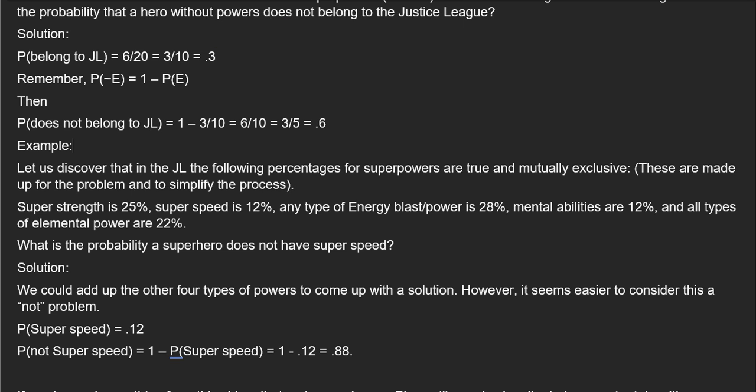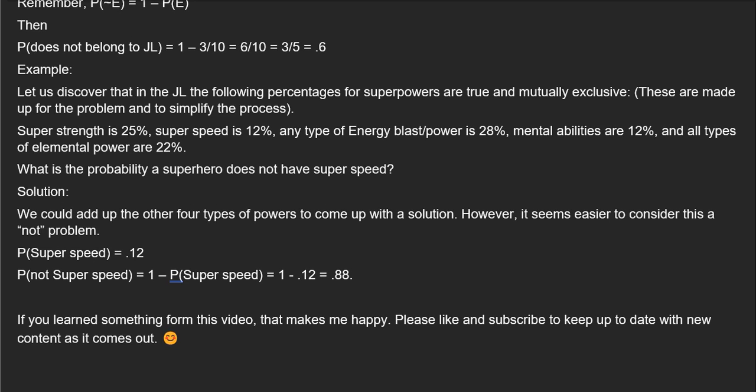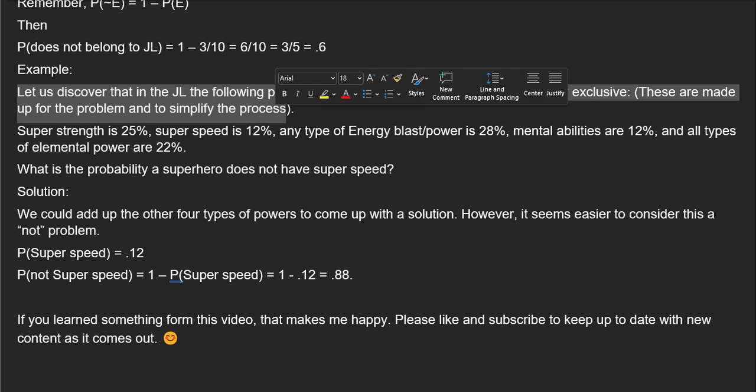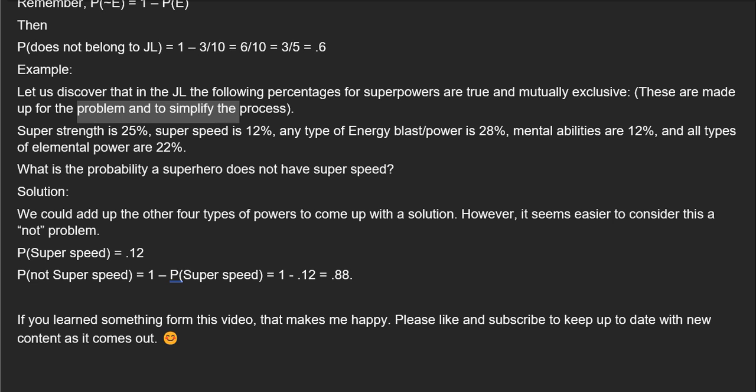Now, another example is, let us discover, through some data analysis, that in the Justice League, the following percentages for superpowers are true and mutually exclusive. Now, this is only true for this problem, and we're using it to simplify the process.